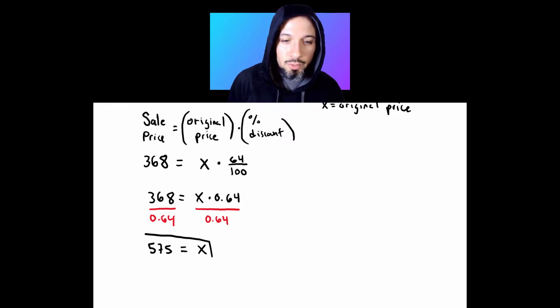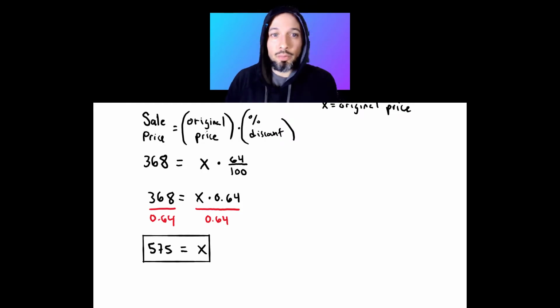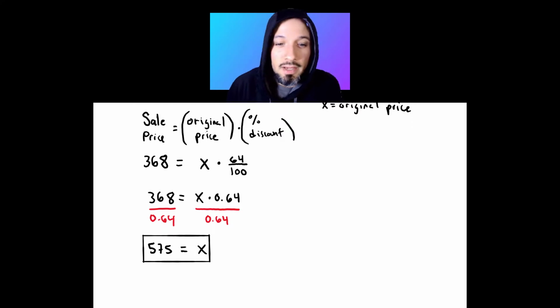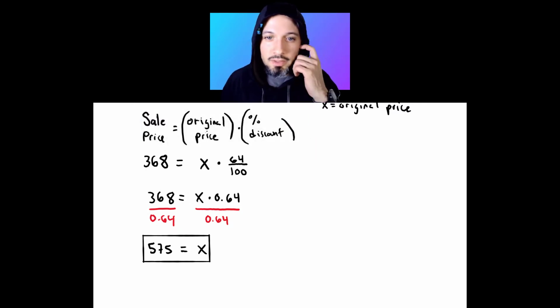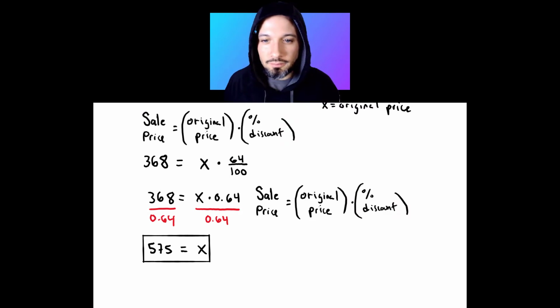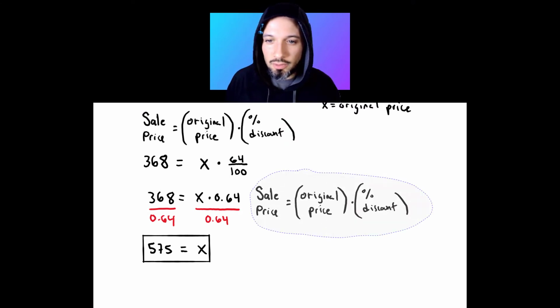Earlier we wrote down that the original price is represented by X, so that is the original price. In the last step, I'm going to check my work to make sure it is correct. Let me copy over this formula, and we're going to resubstitute everything based on the new information we found. Let me fix this a little bit more.